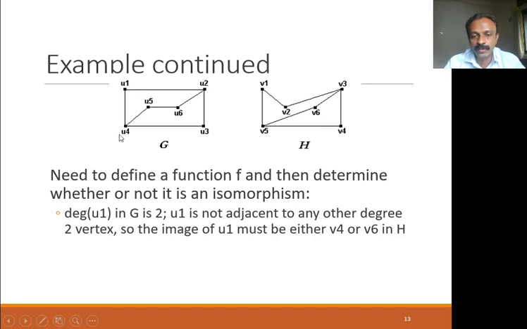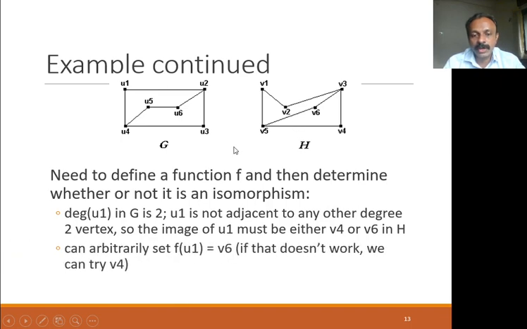So the image of U1 in H must be either V4 or V6. We can arbitrarily set f of U1 equal to V6. If that doesn't work, we can also try V4, no problem.